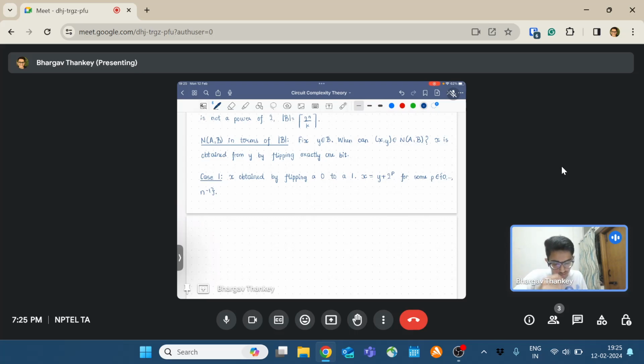And okay, what I want to say is, for any y, we are trying to count the number of x comma y in any b, right? First, we are looking at all the x's which are obtained by flipping a 0 to a 1. And so the number of such x comma y tuples would be the number of ones in y, right?